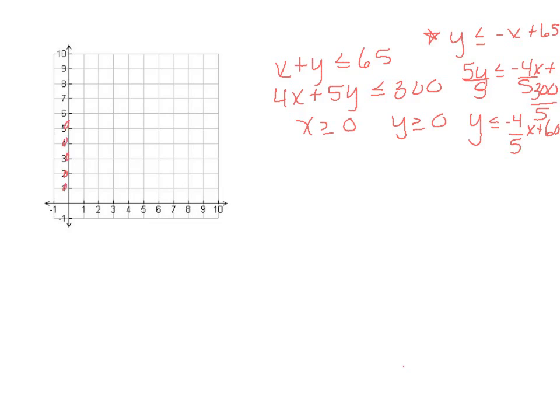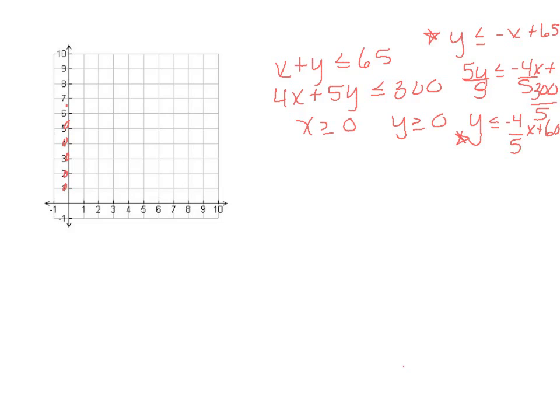So if I want to graph my top equation, y is less than or equal to negative x plus 65, we'll go up to 65 and we'll place our point. And we have to go down 1 over 1.